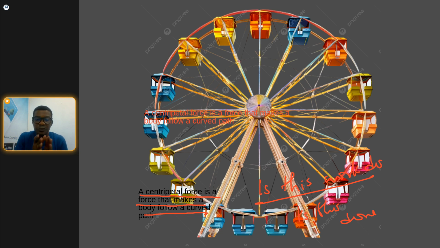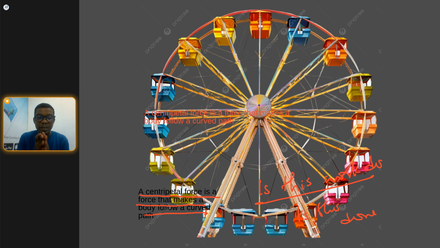So this Ferris wheel is not performing that movement. It's just moving round a curved path. Because it has not experienced displacement by moving from one point to another, we say a Ferris wheel is not performing work.